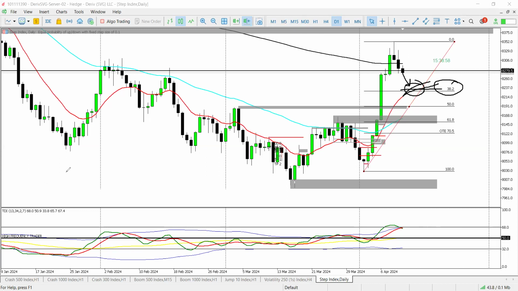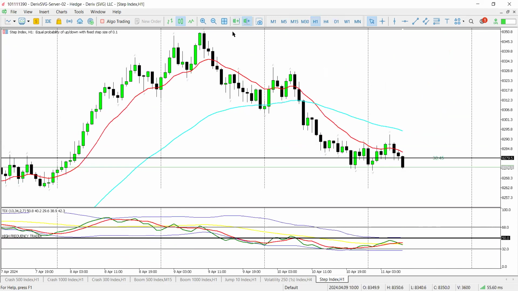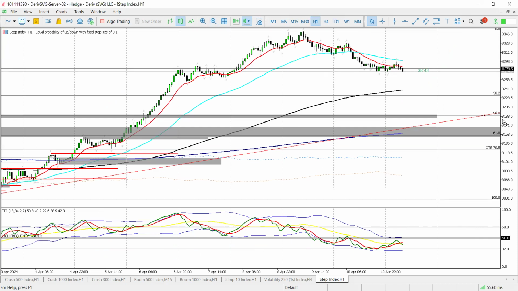So since we've got a sell bias, basically, we're saying we can potentially target this price area, which is around 82.35. So if we drop down to H1, 82.35 is around the 200 EMA, right around this area here. Meaning if we can get a sell setup, this is a potential target.